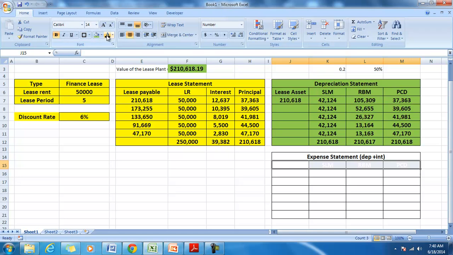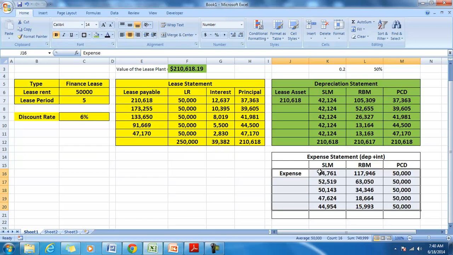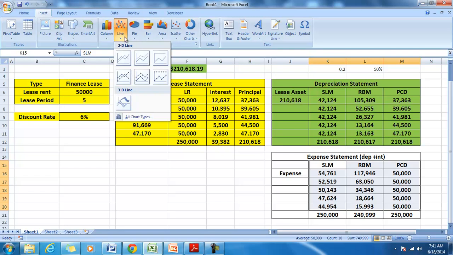So by using different methods of depreciation, the expenses will also be different. You can see that the expenses charged in the income statement overall may be the same, but in a particular period the depreciation is responsible for the difference in the expenses.